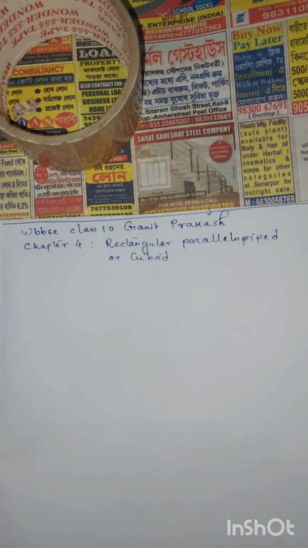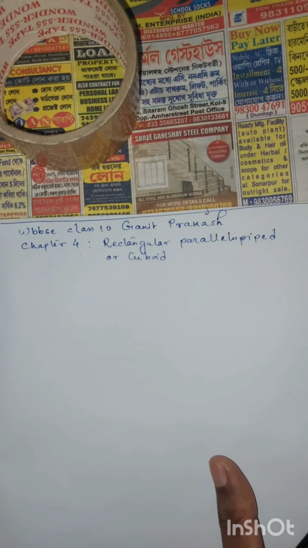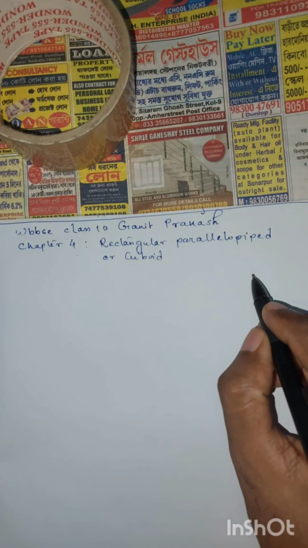So cuboid is actually a 3D figure and this is similar to a cube, but in this case the dimensions are different.